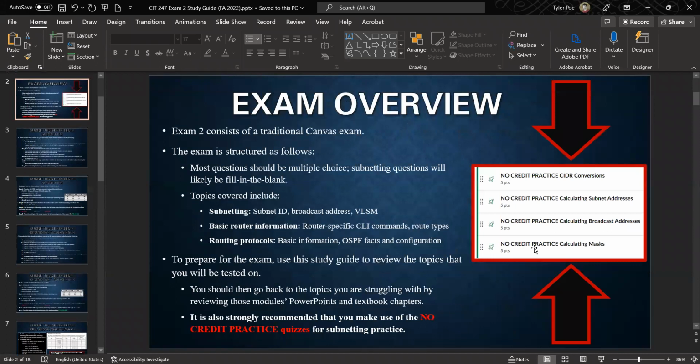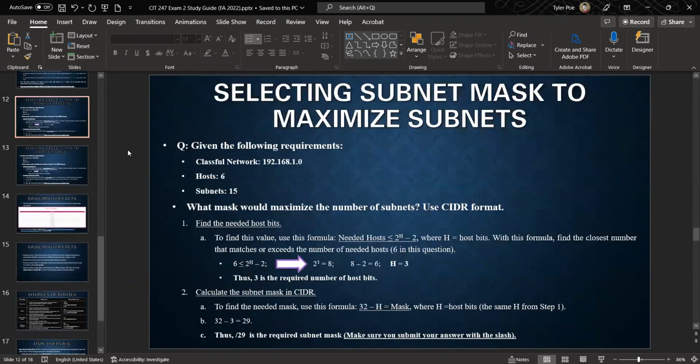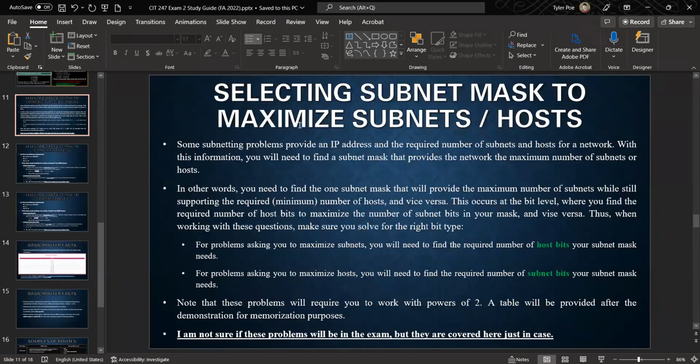Unfortunately, I don't believe there's any VLSM quizzes in the Canvas so far. I don't know, but if there are, I would say take advantage of them. So the calculating masks no-credit practice quiz is going to correlate with these questions here.